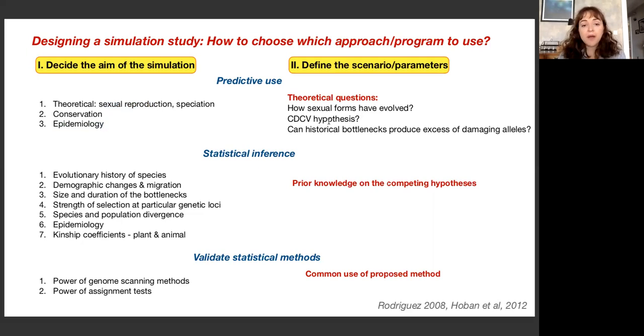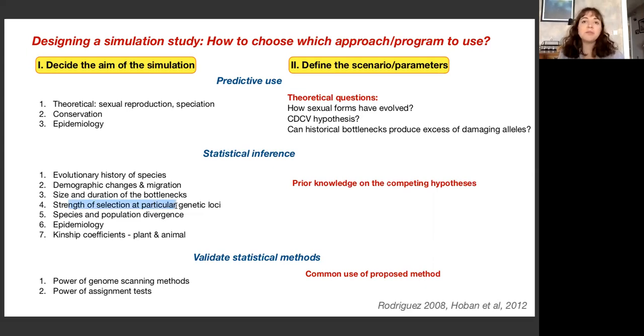And if our aim is studying the evolutionary dynamics, and if our aim was to get a statistical inference from the data, then we need to have prior knowledge of the competing hypotheses. Imagine that there is a scenario that is acting on an allele, for example, like the strength of selection on particular loci.